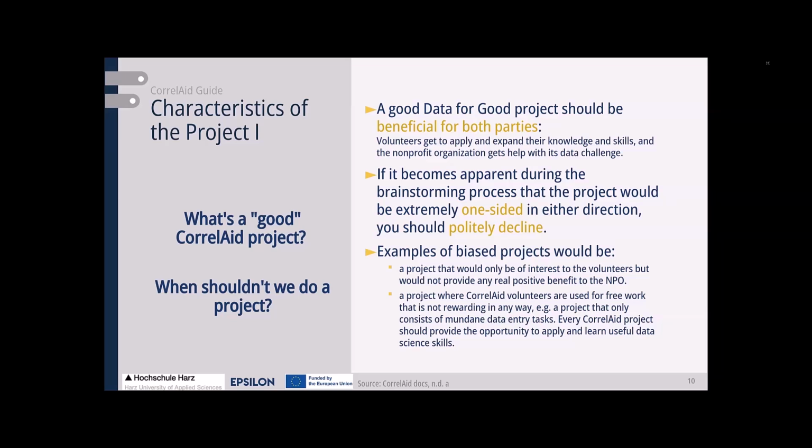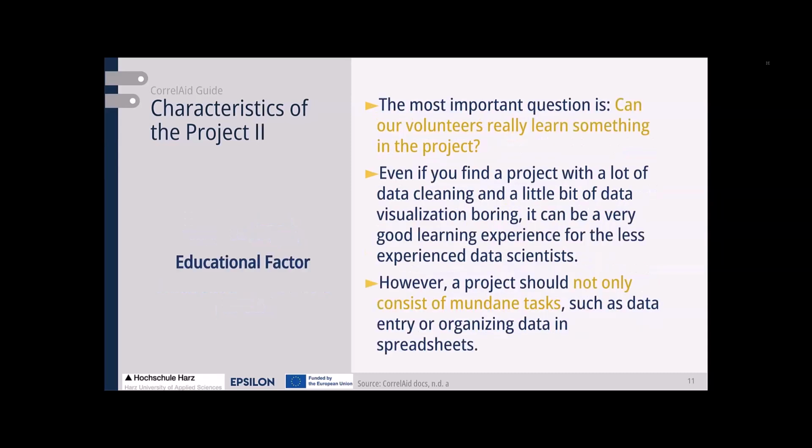Therefore, be aware that those characteristics are met and that the volunteers can squeeze something out of the project for themselves, as well as that the project partner benefits from this work. And this will be an ideal project itself. So therefore, it is the educational factor which is important for the volunteers.